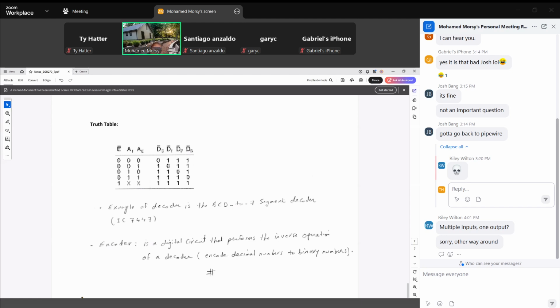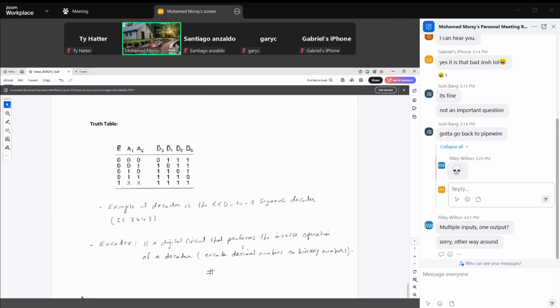Remember, this is a decoder, so we convert from binary to decimal. But an encoder converts from decimal to binary, because we encode decimal numbers to binary. For a decoder, we use it when we have digital or binary inputs and we need the corresponding decimal numbers in circuits, not calculations.